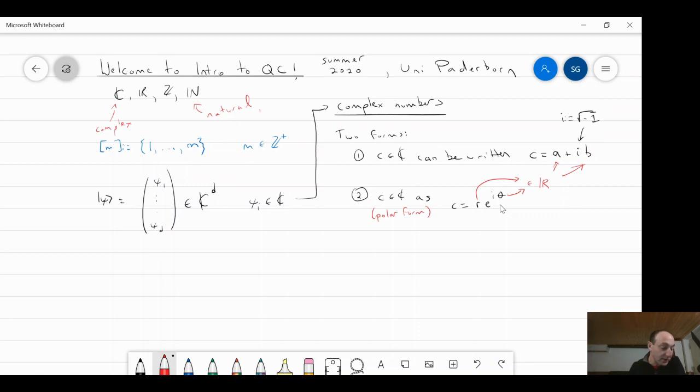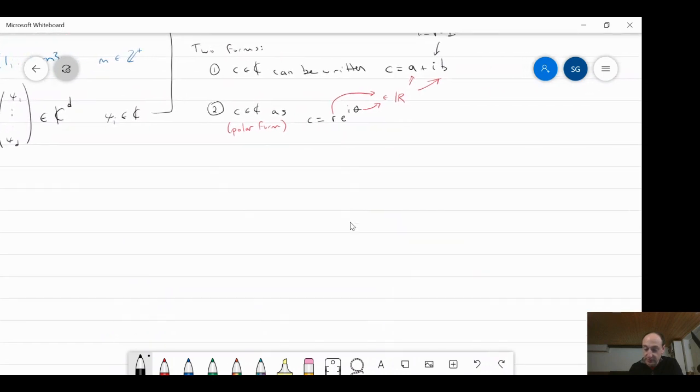And why do we like the polar form? Well, the polar form has a really nice geometric interpretation, which will come in handy very often. If this is the real line, and here I have +1, -1, and here I have i and -i, then in this plane we can very easily represent complex numbers.